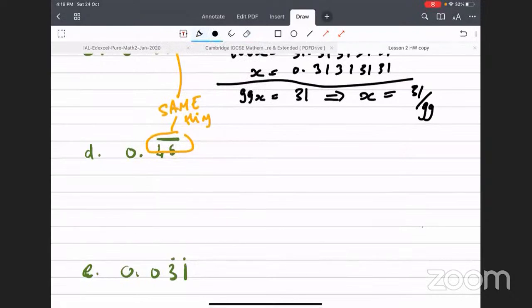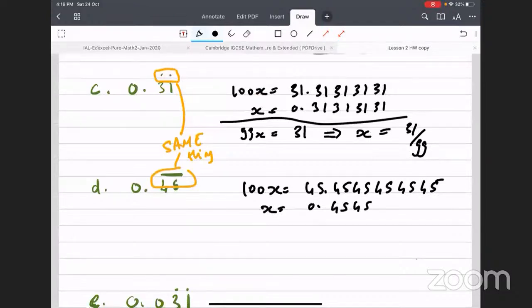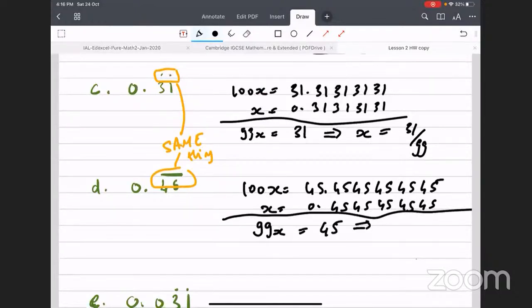Okay, 100x would be 45.45. Then x would be 0.4545454545. Then 99x would be 45, and x would be 45 over 99.